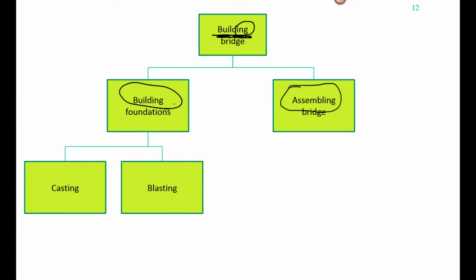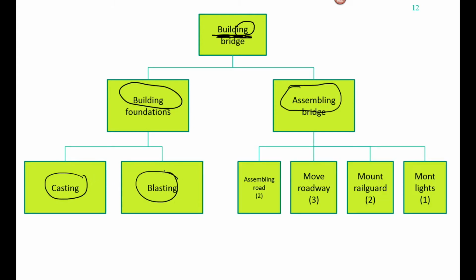And when it comes to building foundations, we can break them down into casting and blasting. And when it comes to assembling the bridge, we can break them down into assembling road, move roadway, that's to actually get it at IKEA and move it to the site, mount railguard, and mount lights.